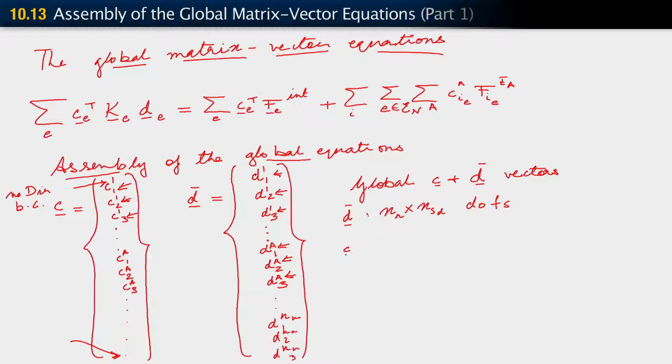C has number of nodes in the problem times NSD minus ND, where this now is the number of degrees of freedom with Dirichlet conditions on them.